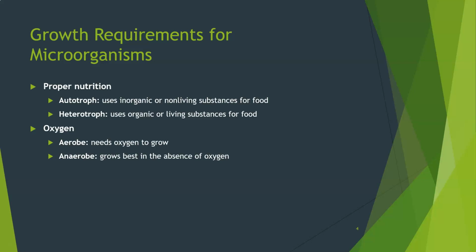Most of the time we are not going to be manipulating the nutrition levels associated with microorganisms, but this also has to do with the ability of them to live on different surfaces. Obviously, autotrophs are much more resilient to living on different surfaces than heterotrophs are.